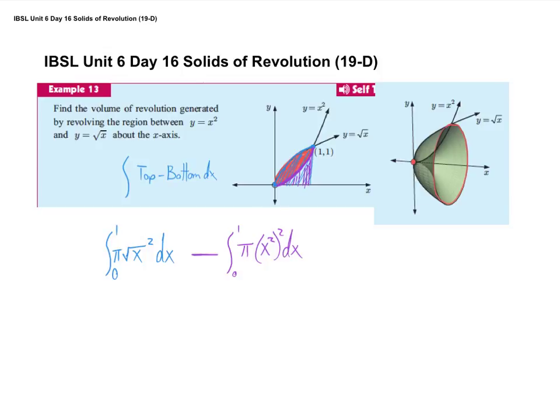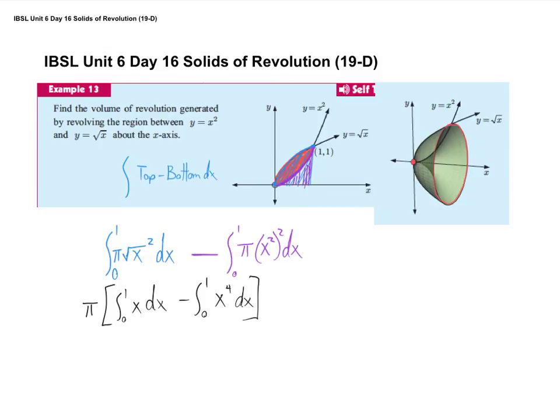And you guys know that you can take a constant out of the integral. So we can rewrite this as pi times the integral from 0 to 1 of, and I'll simplify this a little bit, x, minus the integral from 0 to 1 of x to the 4th.